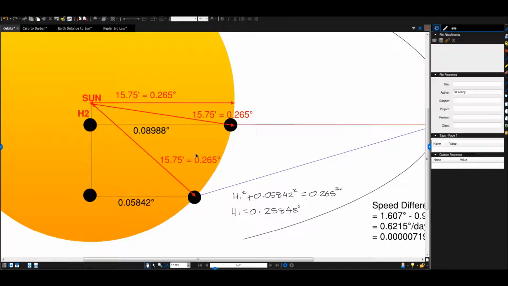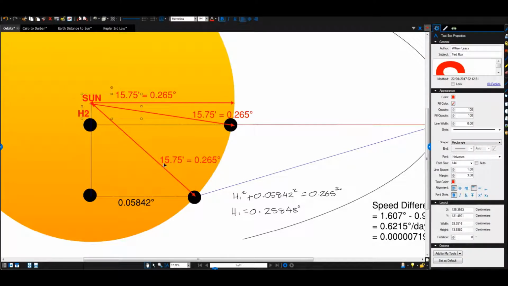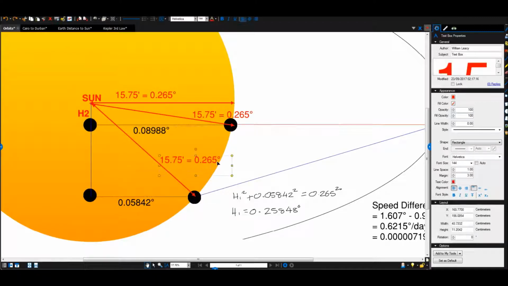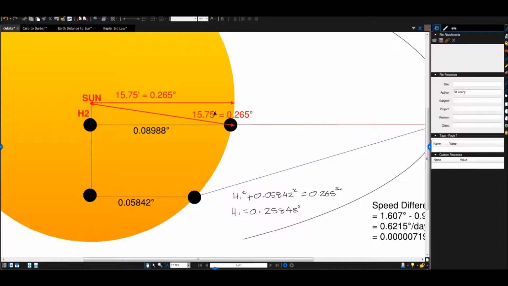So we know that distance. Now we no longer need this. Yeah, we can leave that there. So we have a triangle with H2, this distance. We know that side. We know that side. So now we just need to get H2.